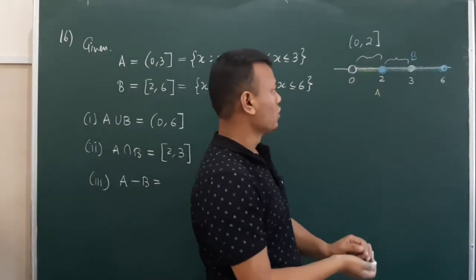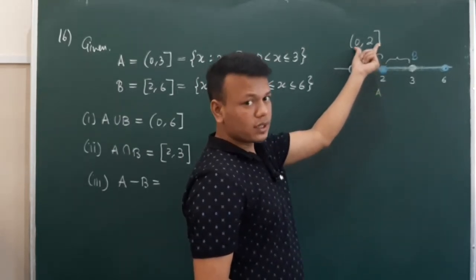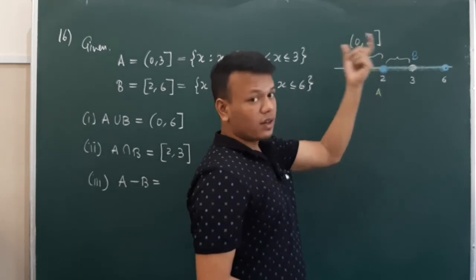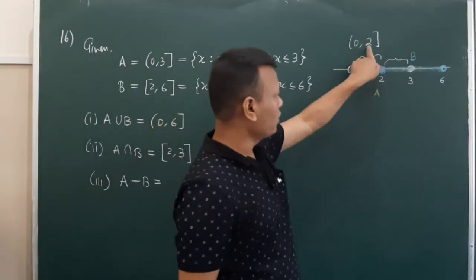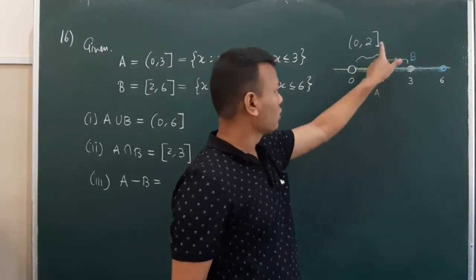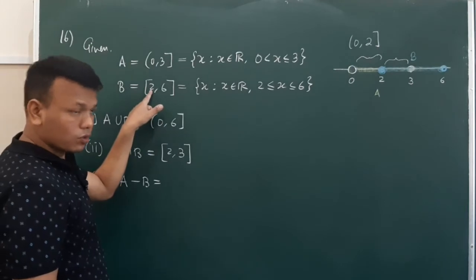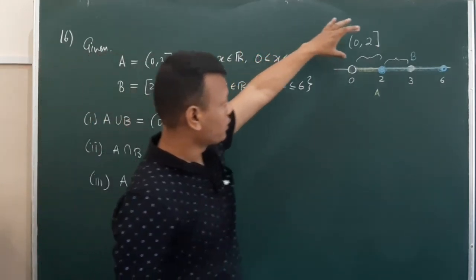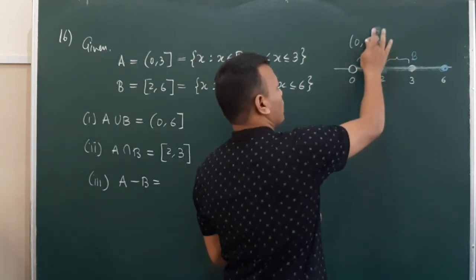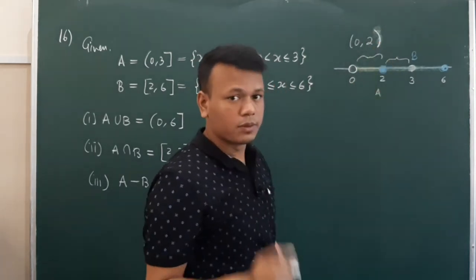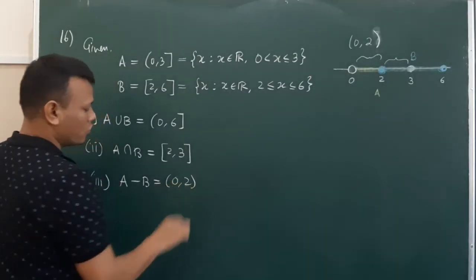No, because 2 is in B. We are writing the elements of A which are not in B, but in B we have got 2, isn't it? So 2 should not be present here, and to exclude 2 we make it an open interval. So my answer for this will be (0, 2).